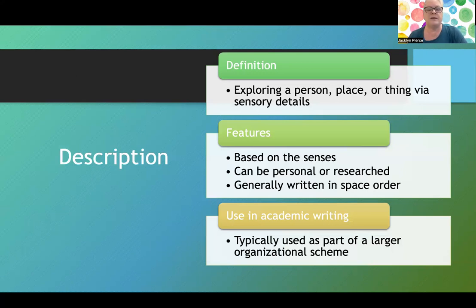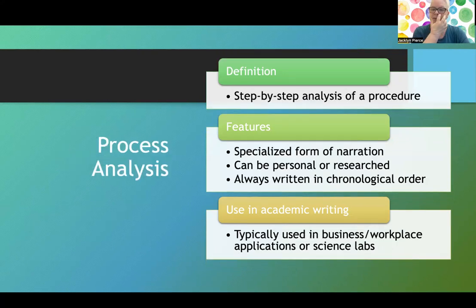Not always, depends on if they're wearing something weird, you may start with that. But for the most part, when we are using description, we are following a logical spatial order. Like narration as well, it is typically part of something larger when writing for academic purposes.